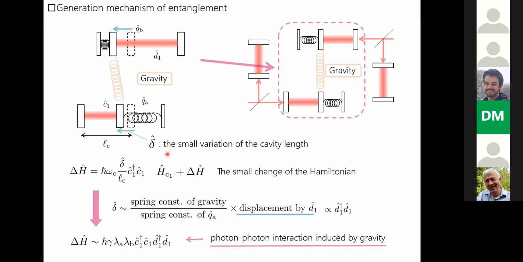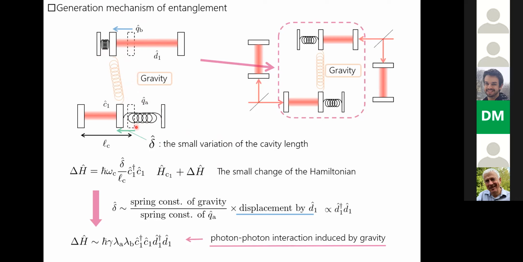Let me explain how delta is estimated. The large displacement of the oscillator B by radiation pressure of D1 leads to a large delta. And then when the spring constant due to gravity is large, the position of the oscillator A is shifted well by the spring of the gravity.